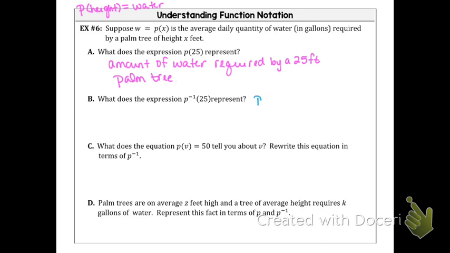Well, remember that means P of... All right, so this just means that P of X is equal to 25. So this is the height of a palm tree that requires 25 gallons of water.